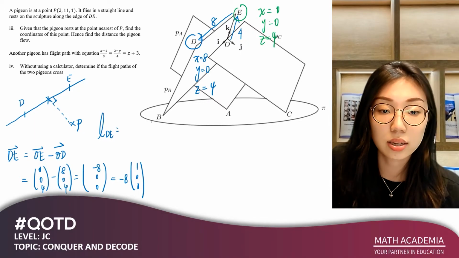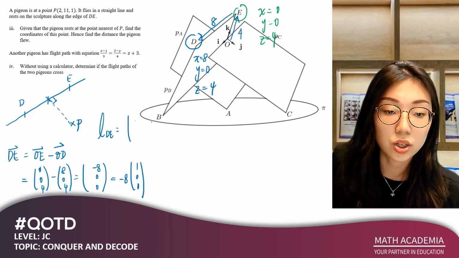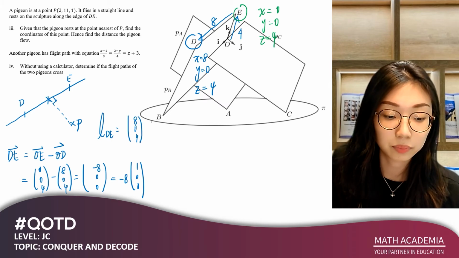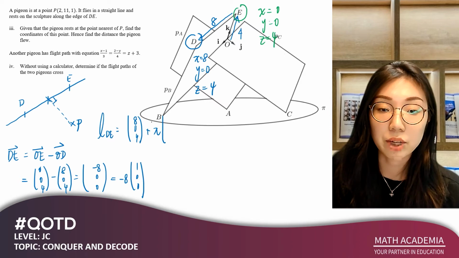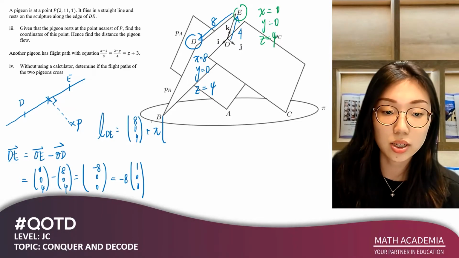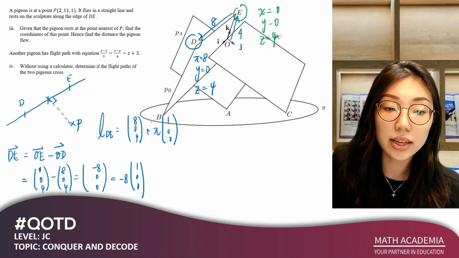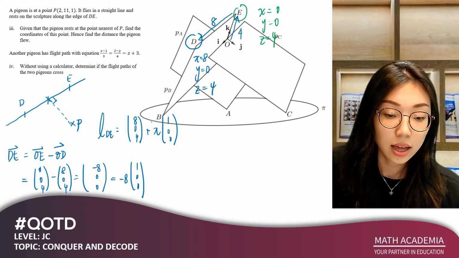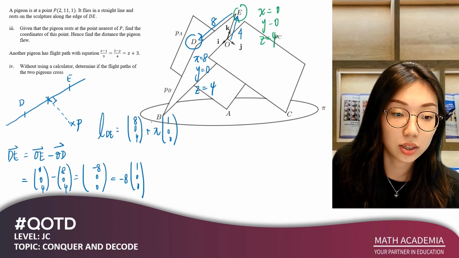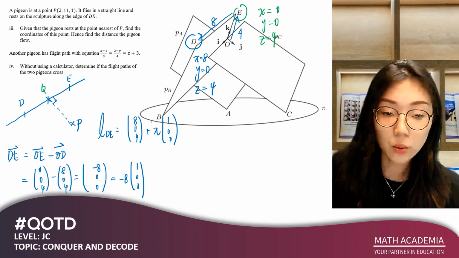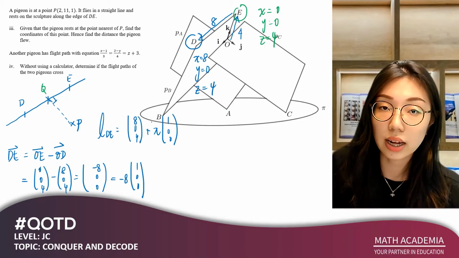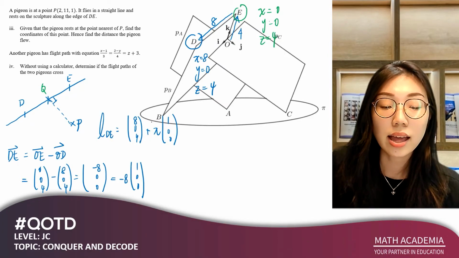So I would take the position vector of D, which is (8, 0, 4), plus the direction vector of DE, which is (1, 0, 0). Let Q be the foot of perpendicular. So we know that point Q lies along line DE.